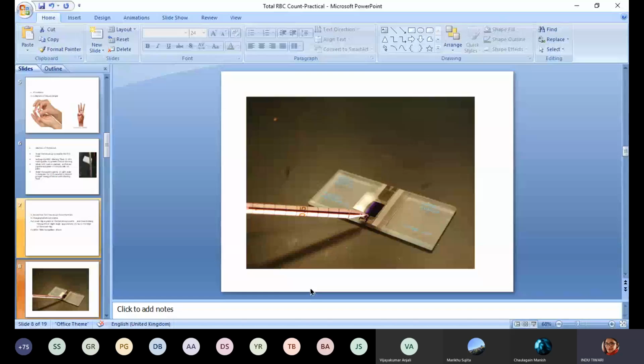Once you have charged this chamber properly, now we have to load this charged chamber into the microscope. As always, you should start viewing from the low power magnification. At first, set the microscope to a low magnification and view the Neubauer's chamber, to make sure that the spread of the cells is even.